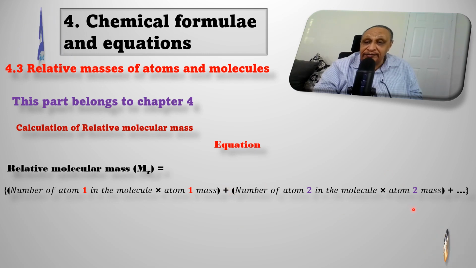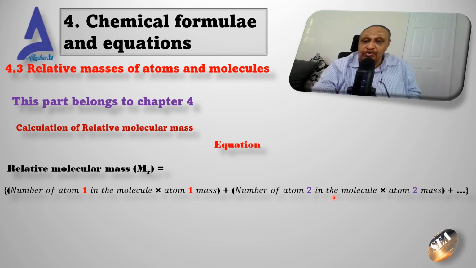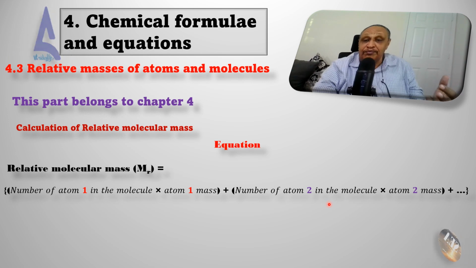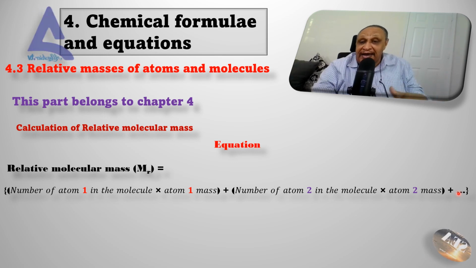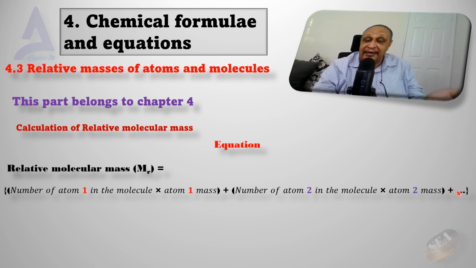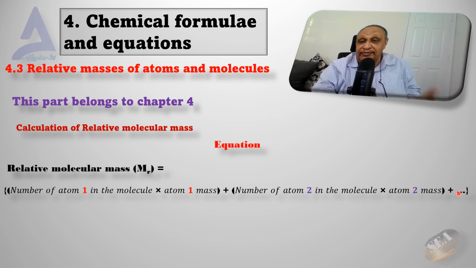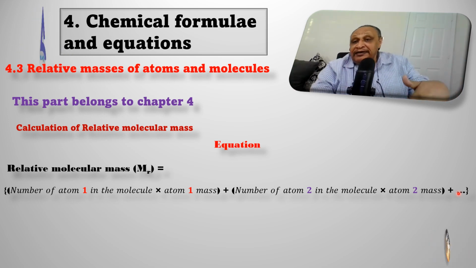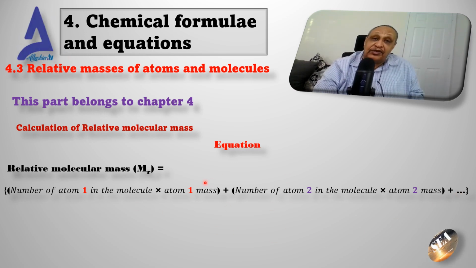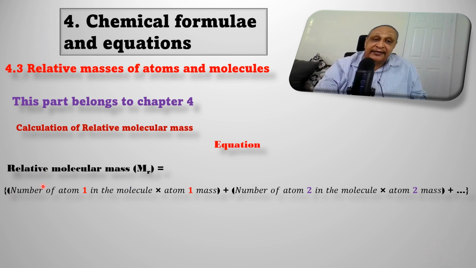Then plus, to infinity. That means if this molecule has more than 2 atoms, I am going to add the number of atom 3 in the molecule multiplied by the atom 3 mass, the number of atom 4 in the molecule multiplied by the atom 4 mass, and so on. This is the appropriate formula. I will use it in case I need to calculate the relative molecular mass.